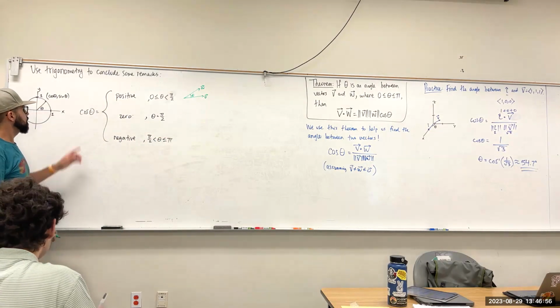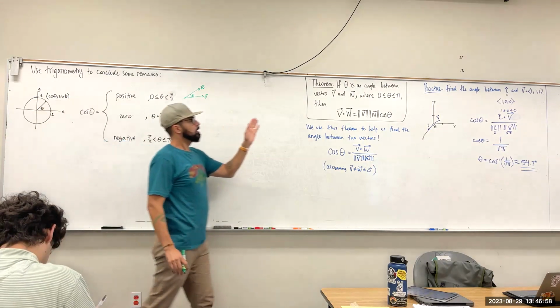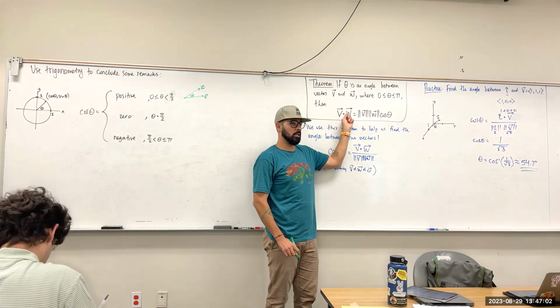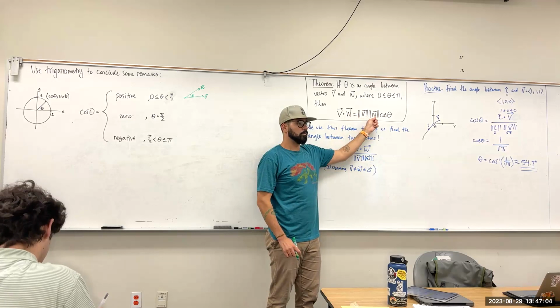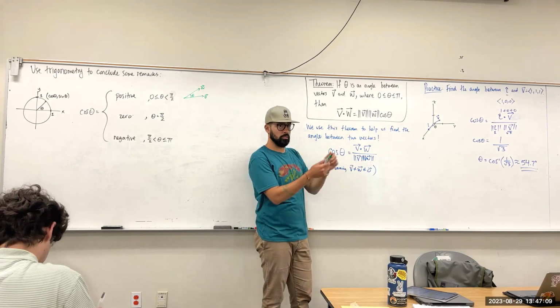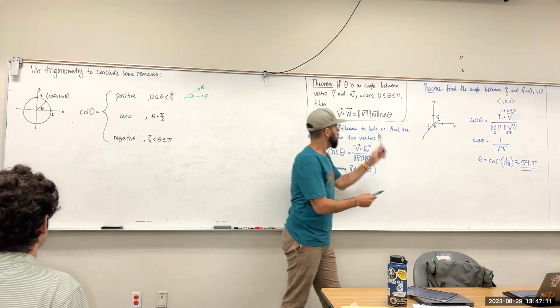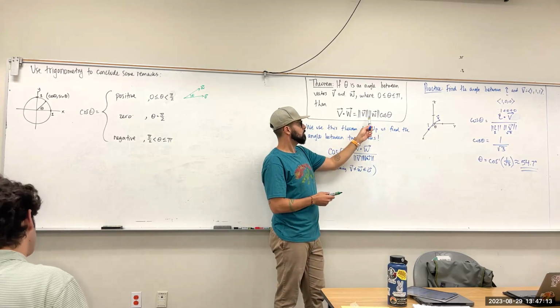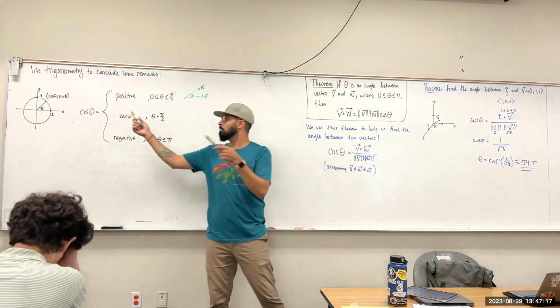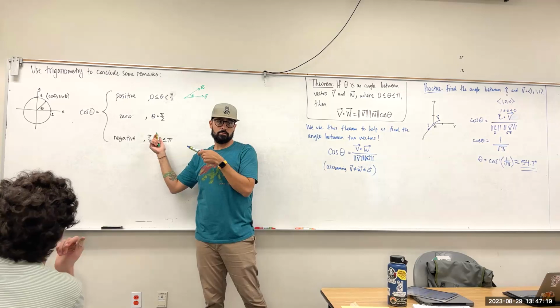What must happen when the dot product is 0? What do the vectors look like? They have to be perpendicular, right? Because if the vectors are not the 0 vectors, the magnitudes won't be 0, so the cosine value has to be 0. And that only happens when they're 90 degrees.